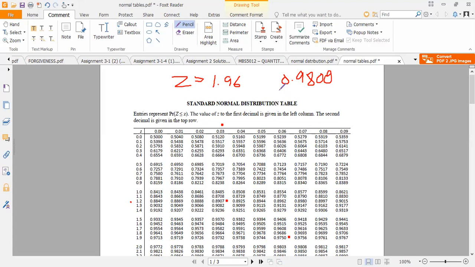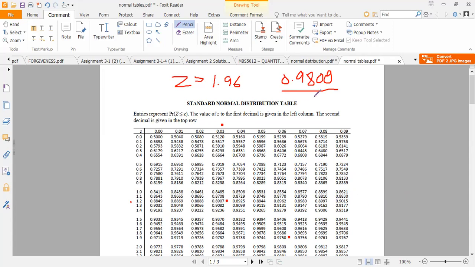Now tell me what is the Z for 0.9800. Quickly go inside the tables and check which one is closest or which one is equal to.